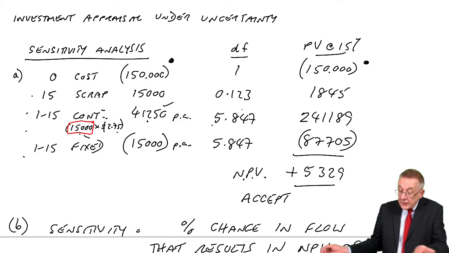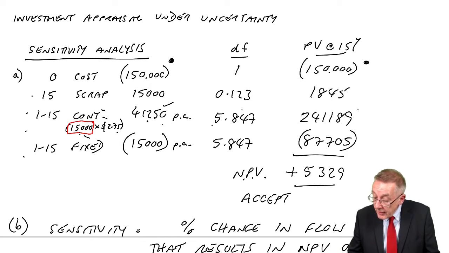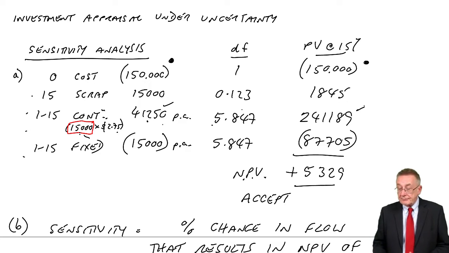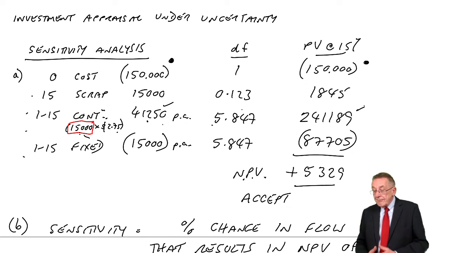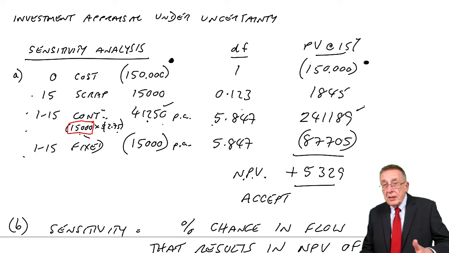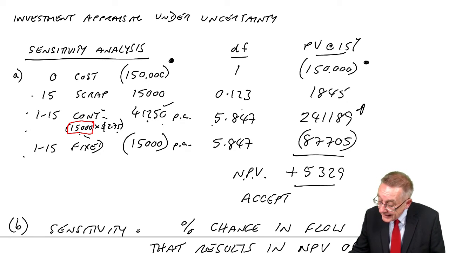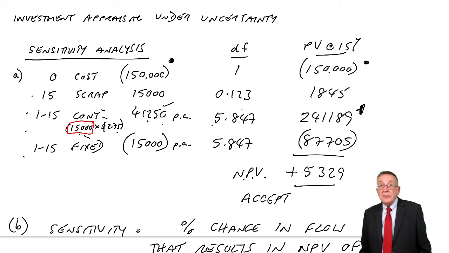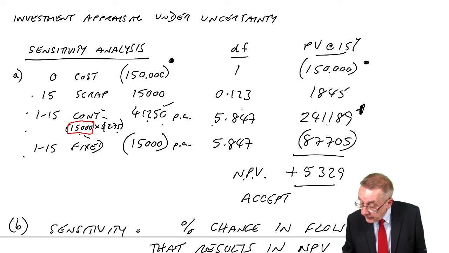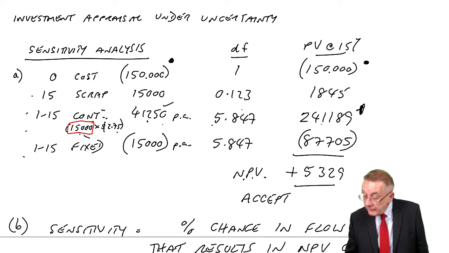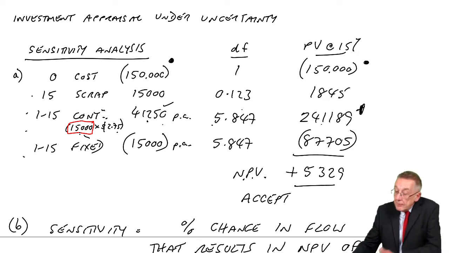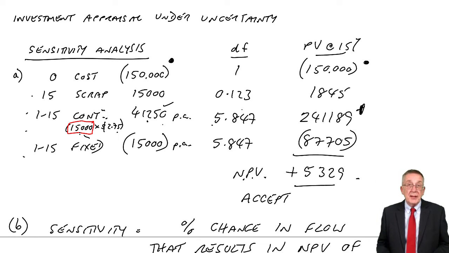The discount factor, 15 years, if that was 10% lower, that would be 10% lower. So if the volume was to fall by 10%, the present value of it would fall by 10%, which would be 24,000. And the NPV, therefore, would fall by 24,000.